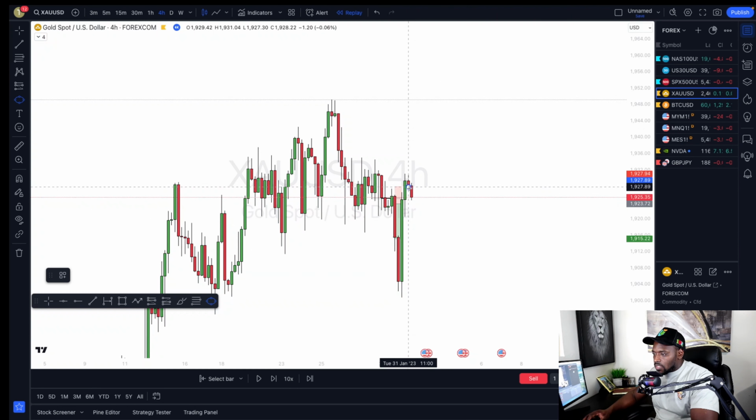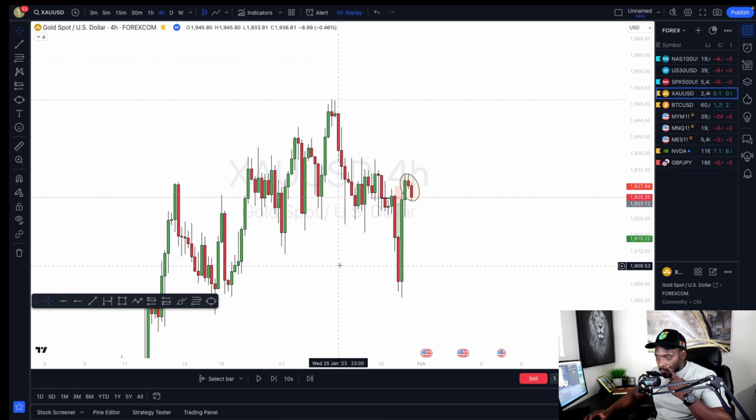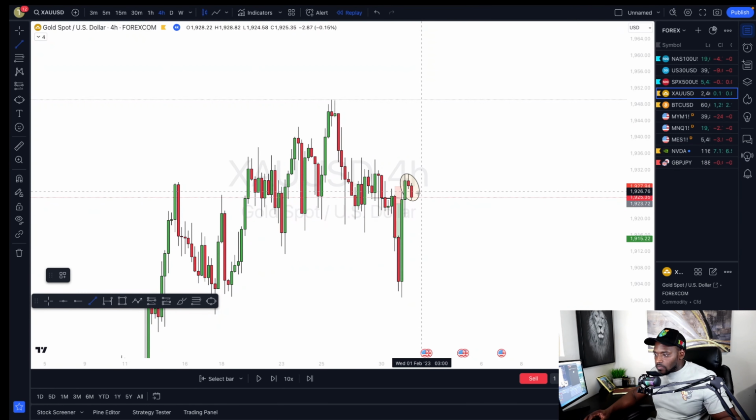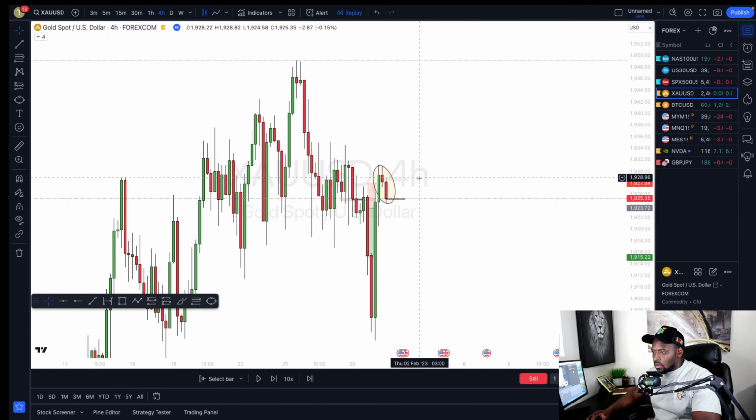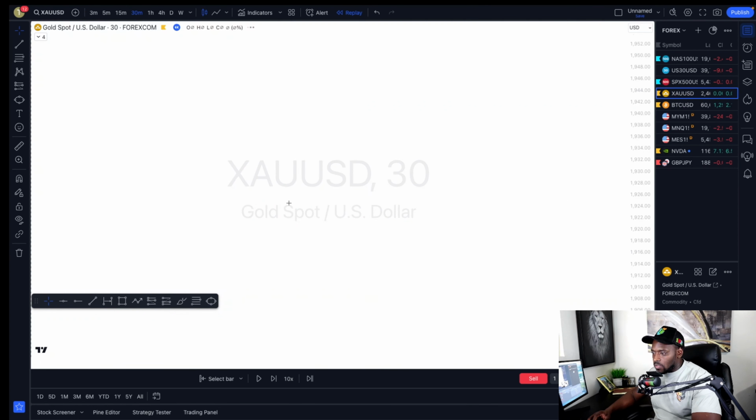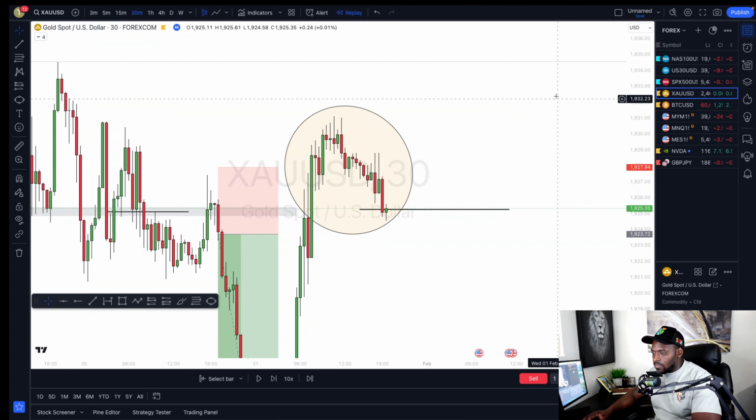Here is an entry confirmation that I would take on the lower time frame. So here's where my engulfing ended. And I'll give you a little bit more sauce on the strategy in just a minute, right?